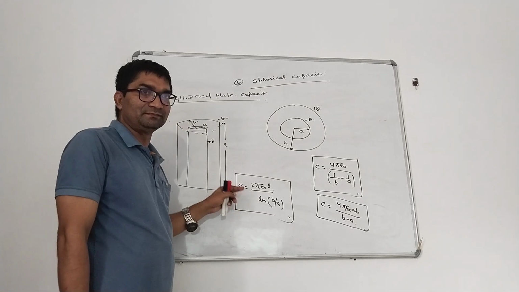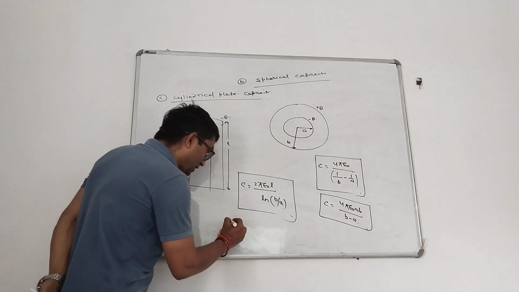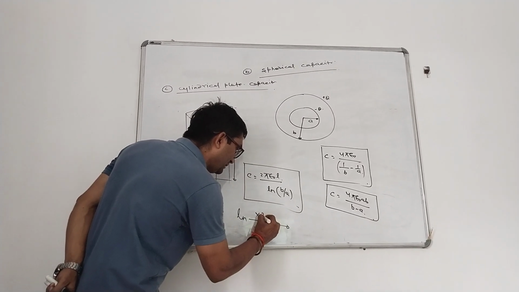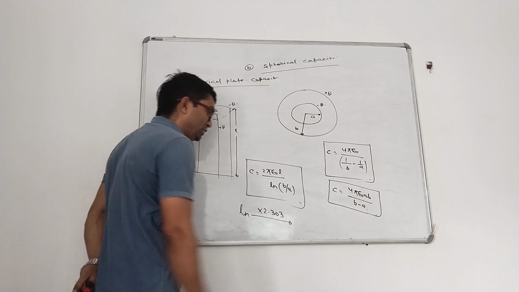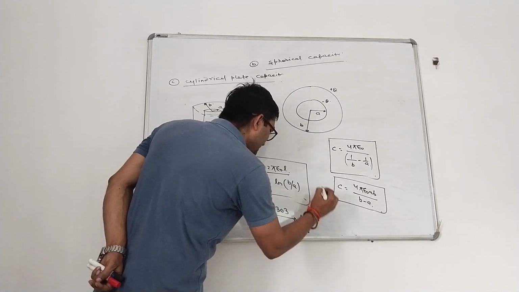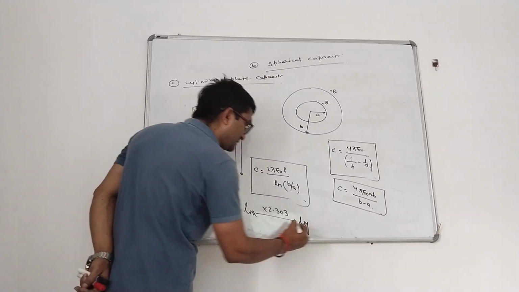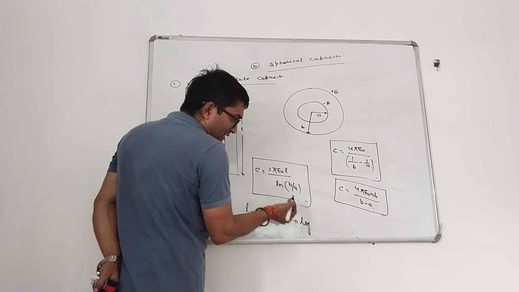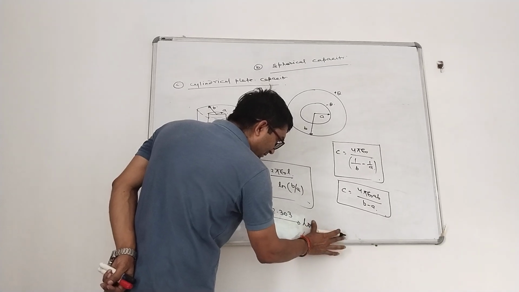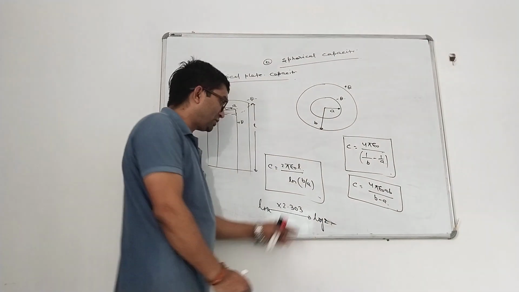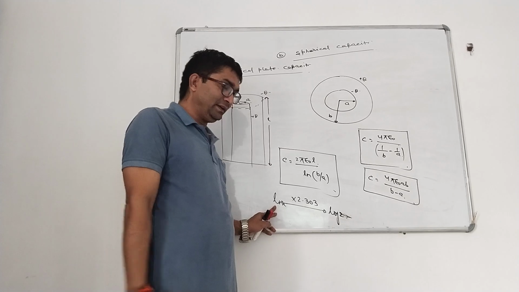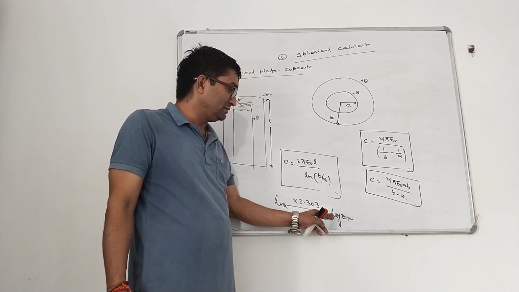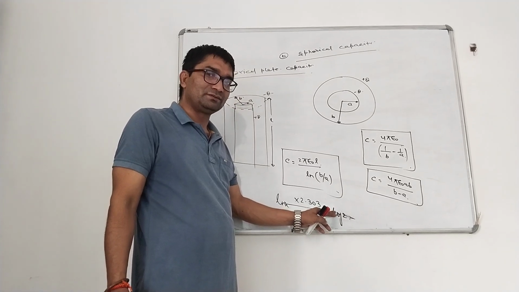I mean natural logarithm. When we convert natural log into base 10 log, we use this concept: if it is ln x, we multiply by 2.303 log x, which converts it into base 10 logarithm.